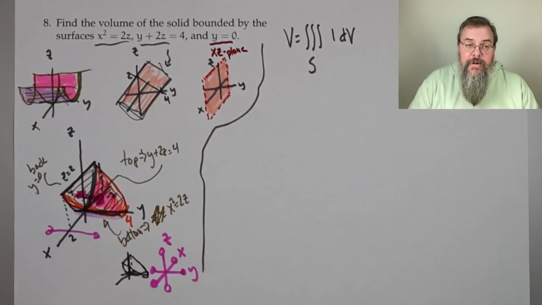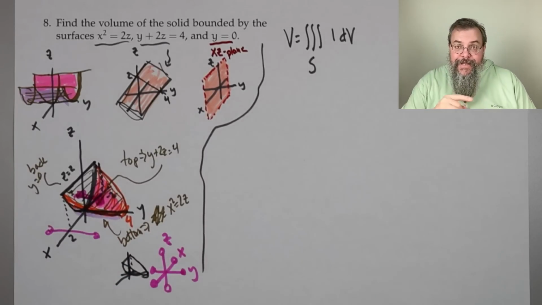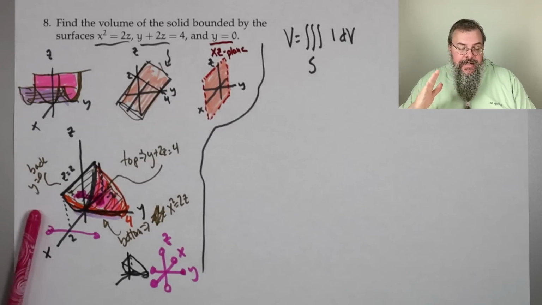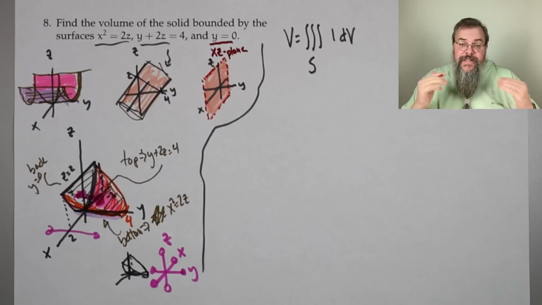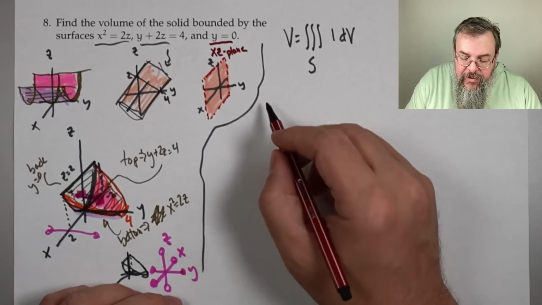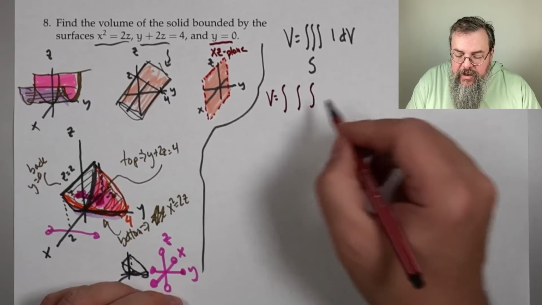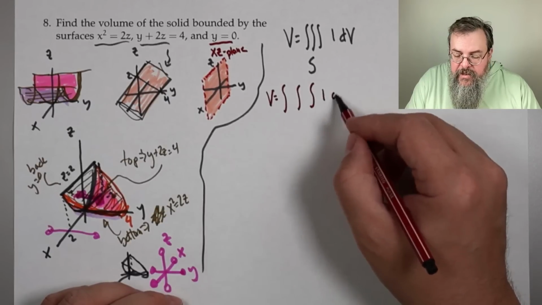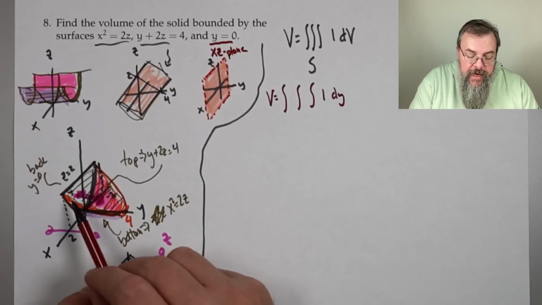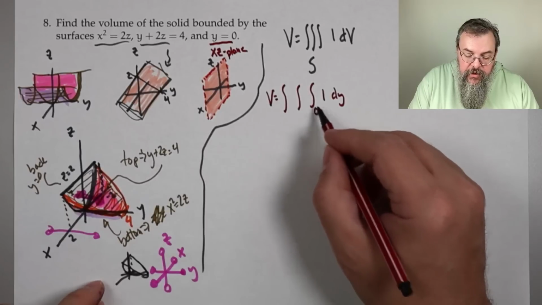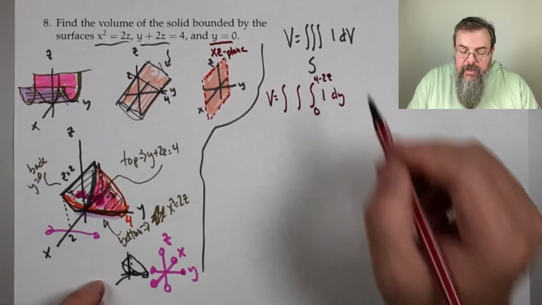So our innermost layer is going to be with respect to y, because those are our easiest surfaces to work with. So our plan, we're going to integrate 1 dy. Now, going from the back, y equals 0, to the front, which is 4 minus 2z.